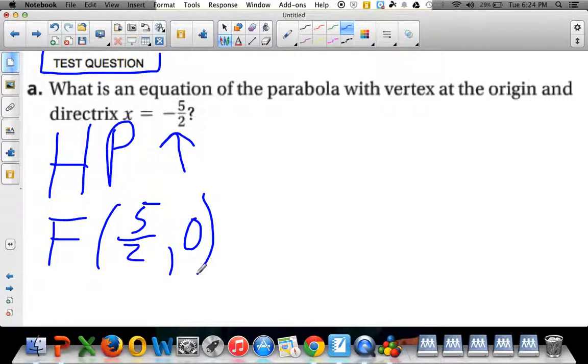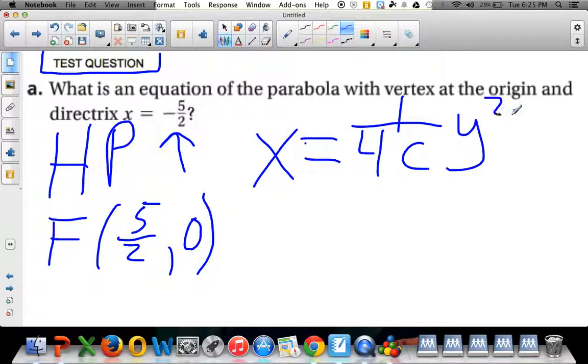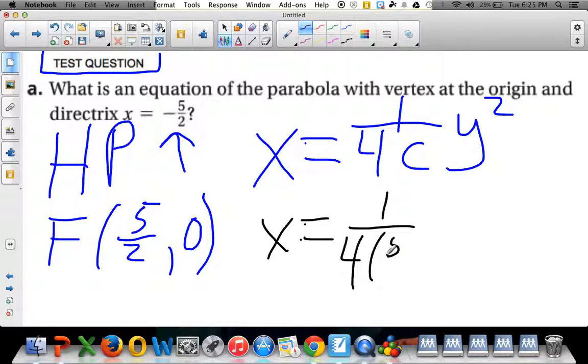Knowing what my focus is, I have to plug that into my equation, where x equals 1 over 4 times c y squared, which is going to be x equals 1 over 4 times 5 halves y squared.